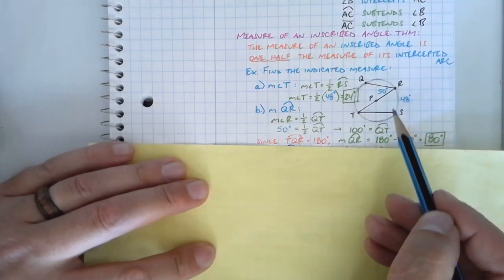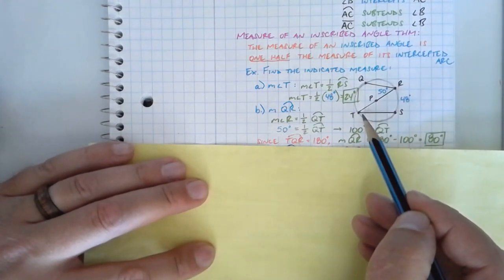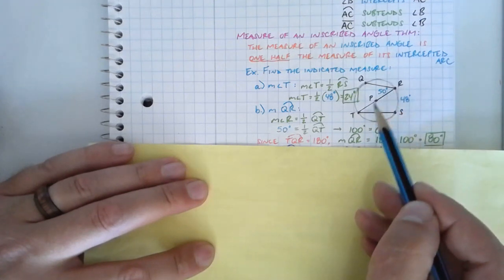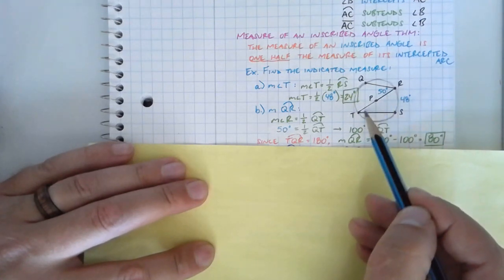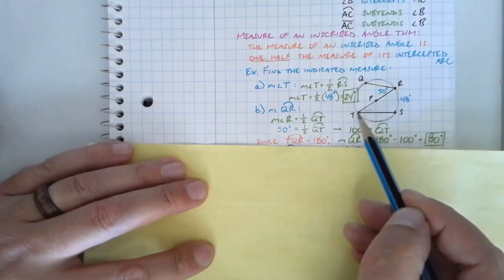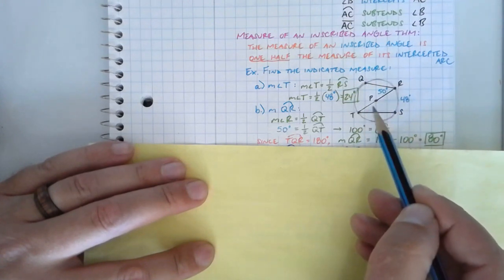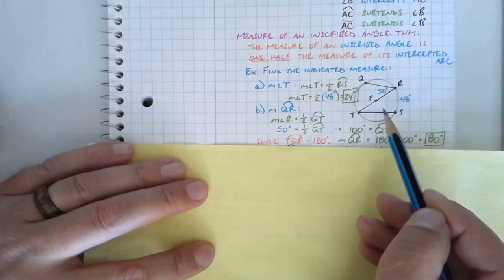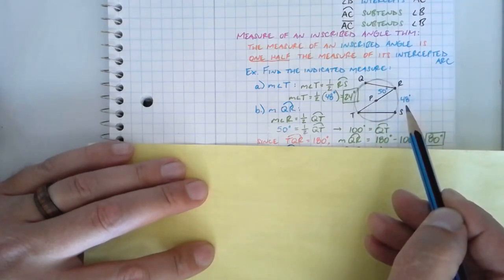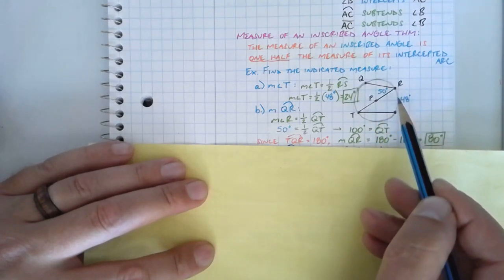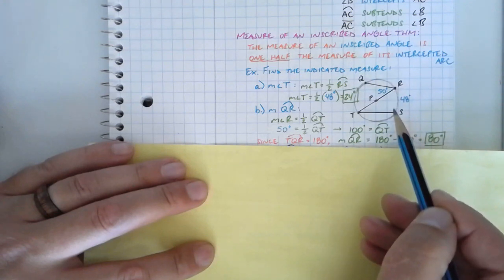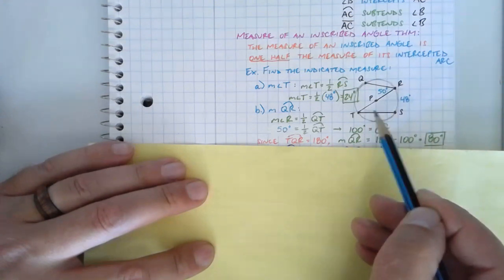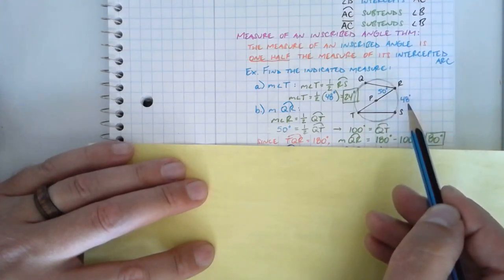The other inscribed angle is angle T down here, created with this wedge RTS or STR, whichever way you go. In this case, they don't tell me the angle measurement of the inscribed angle. They simply tell me the arc measurement. So arc RS, which is created with this inscribed angle, is 48 degrees.